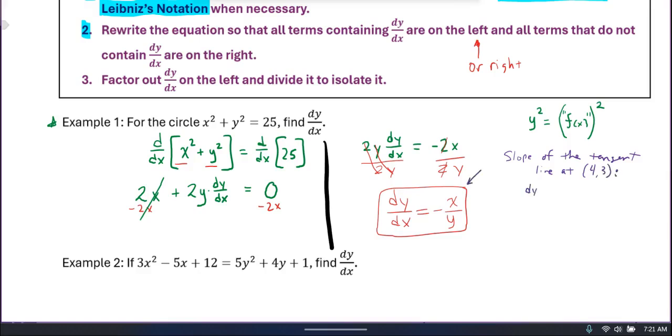Notice that the derivative is expressed in terms of both the variable x and y, so we're going to use the negative x. The x is 4 over y, and the y value is 3 at that particular point. And so our slope of our tangent line would be negative 4/3.